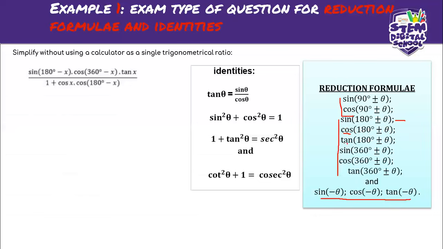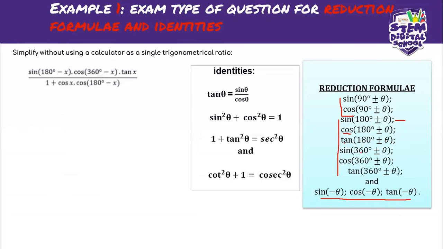We move to tan into 180 plus theta. Which quadrant? Third quadrant. So our answer is positive tan theta because in the third quadrant our tan is positive. Then we have tan into 180 minus theta. Which quadrant? The second quadrant. How is tan? It's negative. So our answer is negative tan theta.